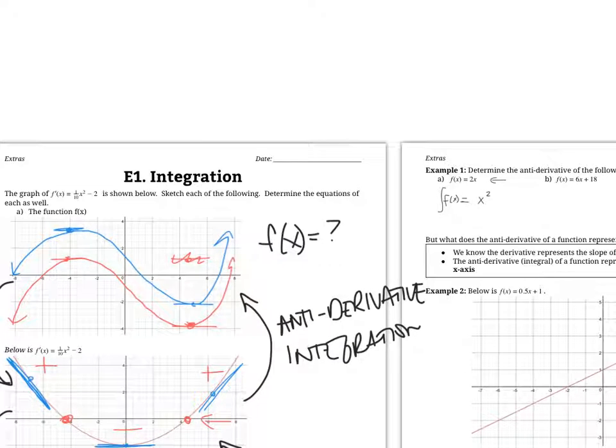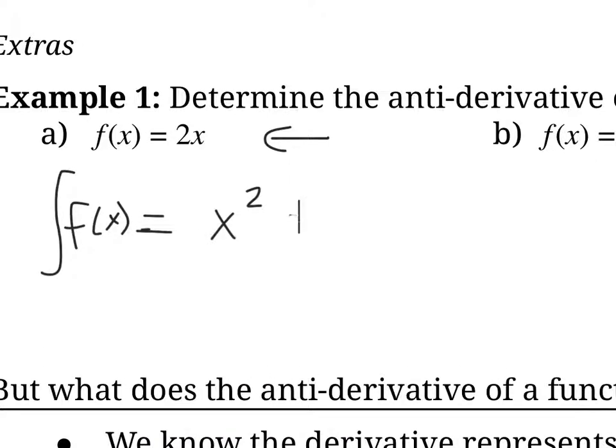It could be x squared, or it could be shifted up or down, right? It could be this one down here, or this one down here. So we don't actually know what the function looks like, so we have to say plus c, some constant value, which is going to move it up or down. So that is our integral of f of x, or our antiderivative of f of x.